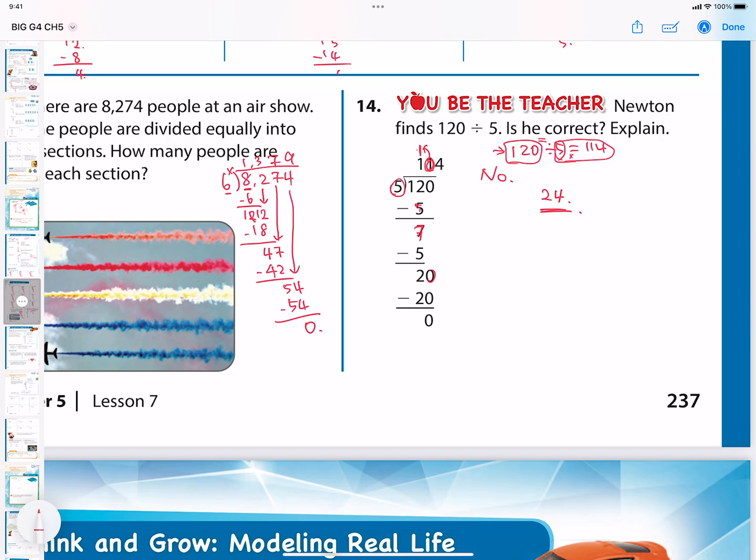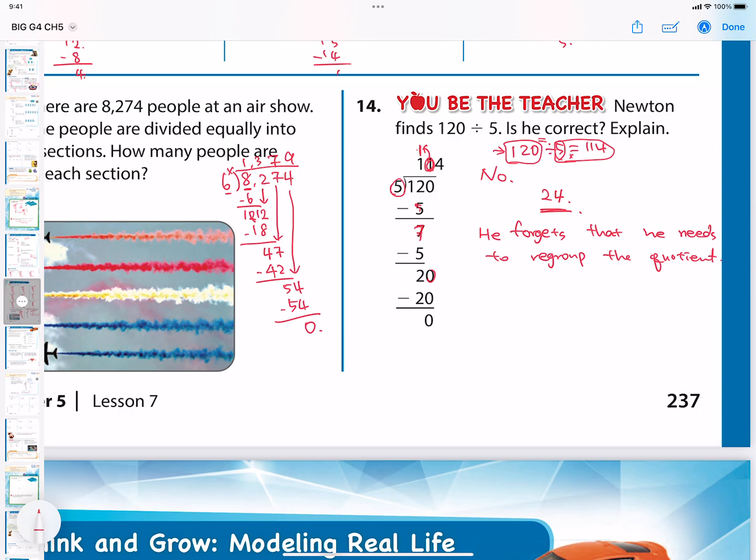So let's say Newton forgets that he needs to regroup the quotient.